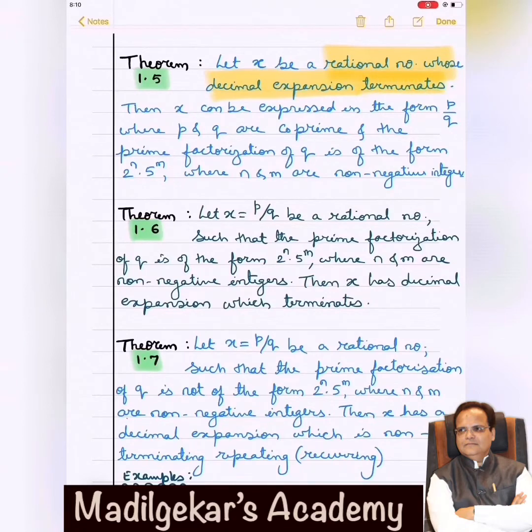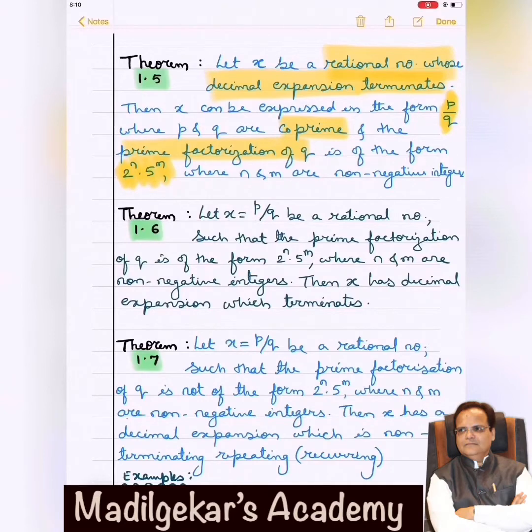Then x can be expressed in the form p by q, where p and q are co-prime numbers, and the prime factorization of q is of the form 2 raised to n into 5 raised to m, where n and m are non-negative integers.